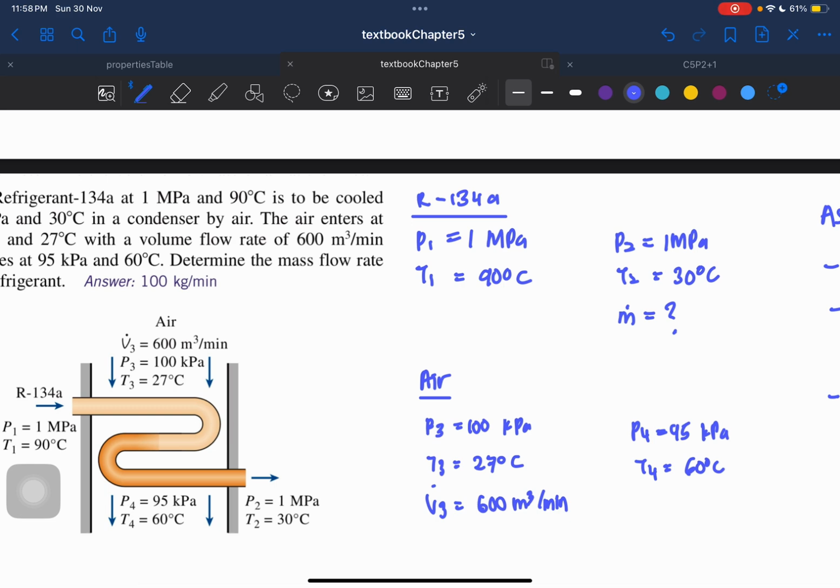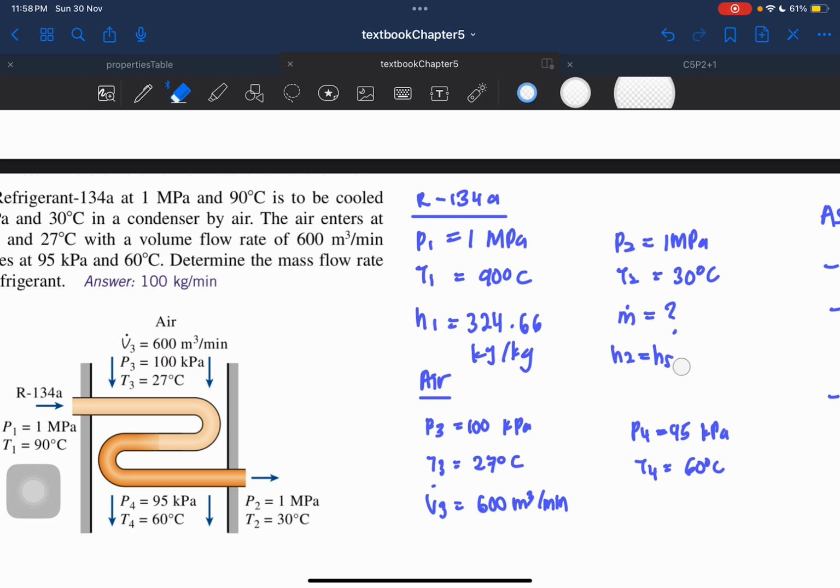So first of all, with this information, we can extract that the H of the refrigerant, H1, is equal to 324.66 kilojoule per kilogram, and H2 is equal to the HF, which is equal to 93.58 kilojoule per kilogram.